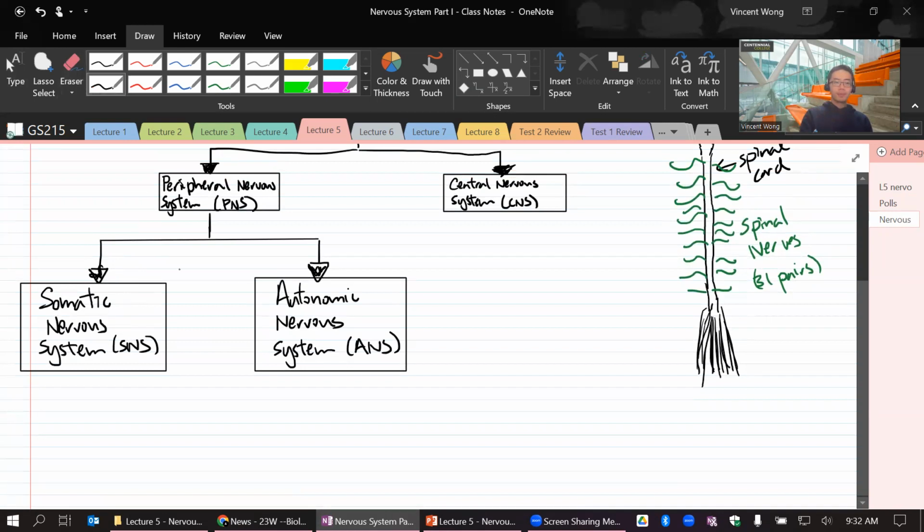Just to keep it simple, basically, somatic nervous system deals with transmitting signals to and from body parts that you generally have voluntary control over.